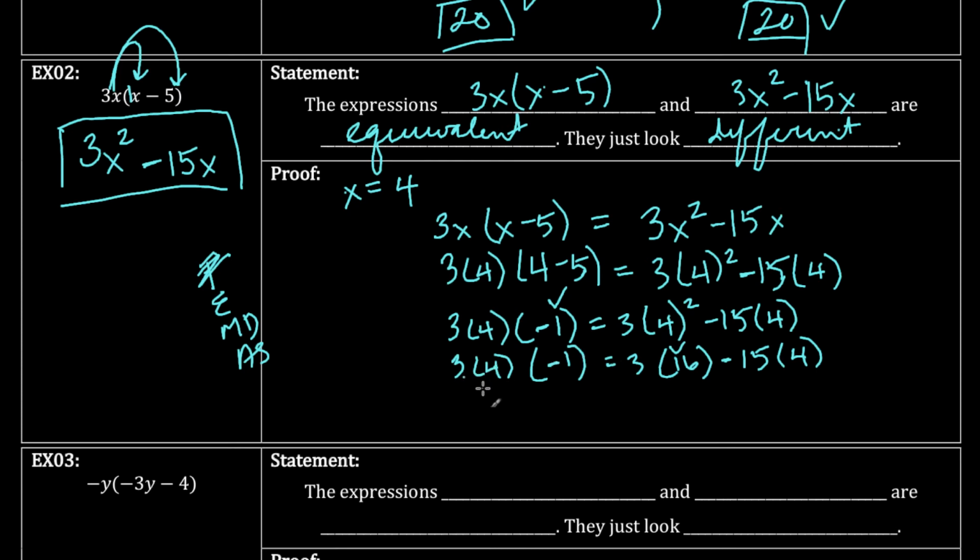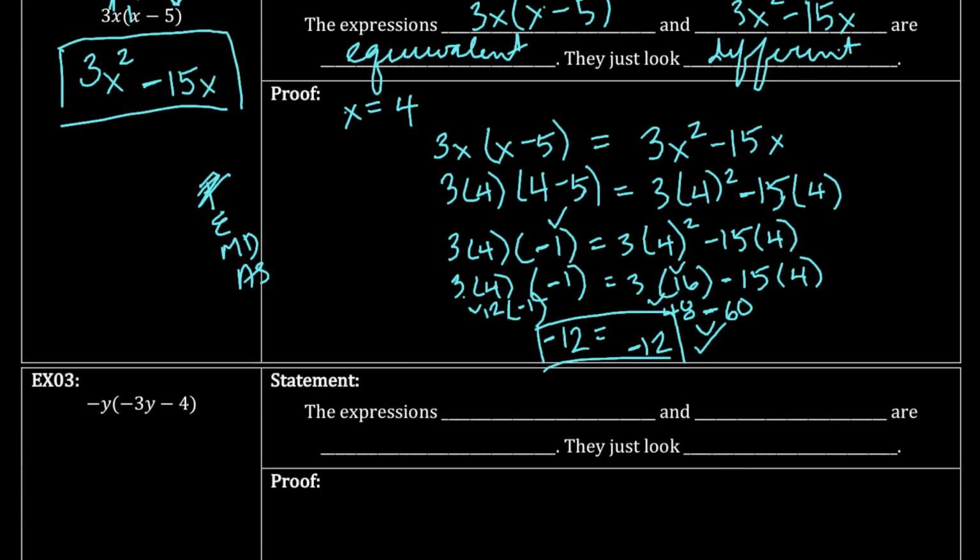So 3 times 4 is 12 times negative 1 is negative 12. Let me keep that right there. 3, a positive times a positive is a positive. 3 times 16 is 48. A negative times a positive is a negative. 15 times 4 is 60. And 48 minus 60 is in fact negative 12.